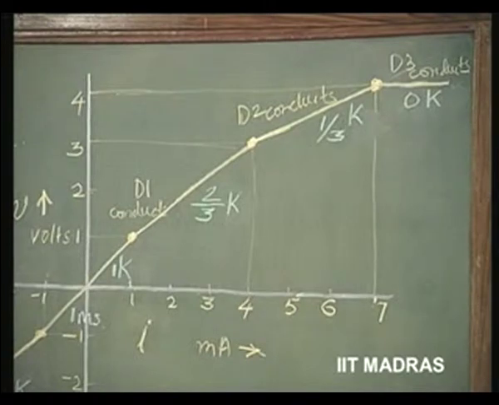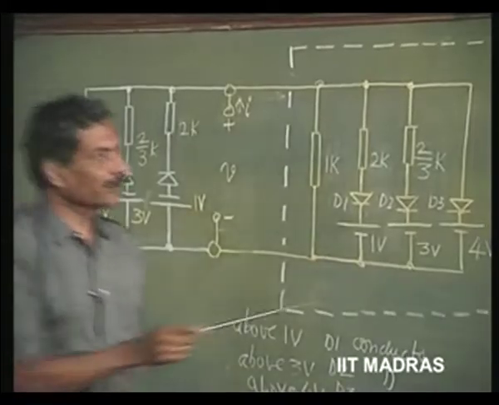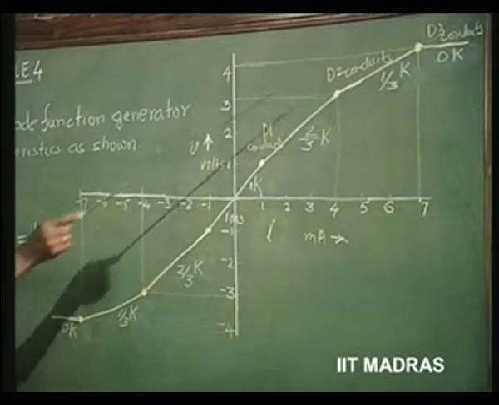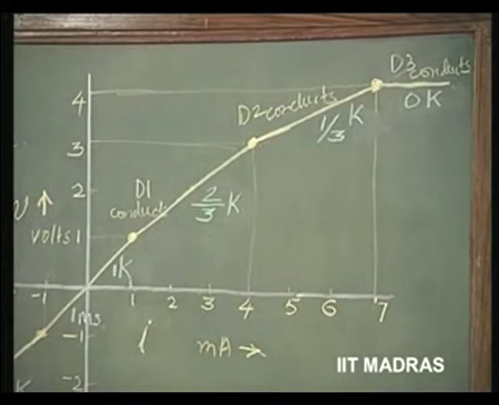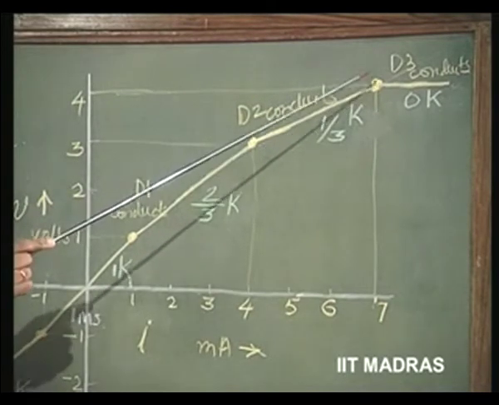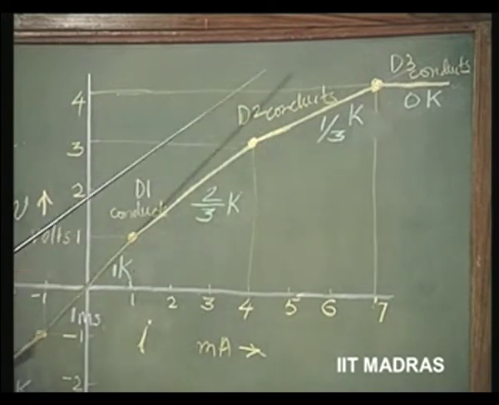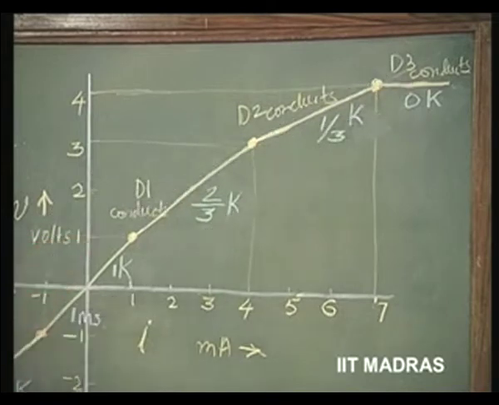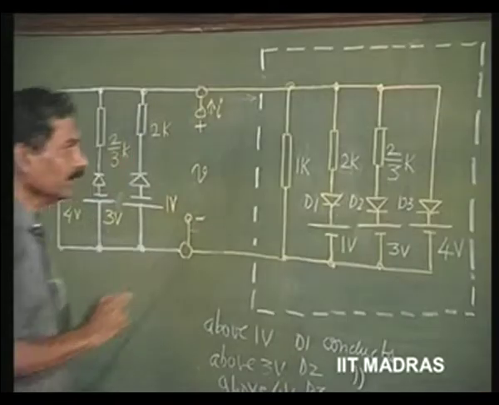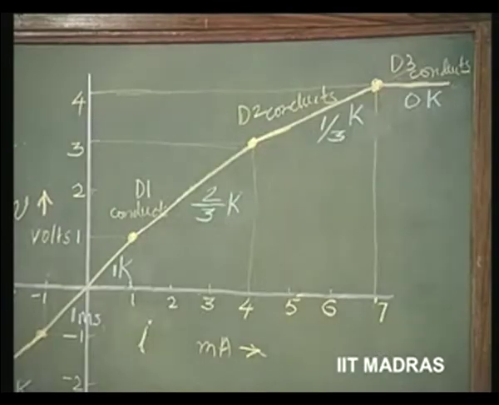So, for 0 to 1 volt, none of these 3 diodes conducting, 1 to 3 volts D1 conducting, 3 to 4 volts D1 and D2 conducting, above 4 volts D1, D2 and D3 conducting. So, that is how this portion of the characteristic is built up.